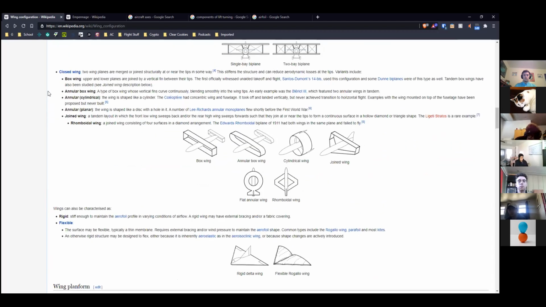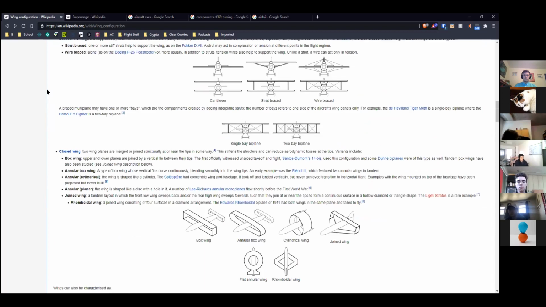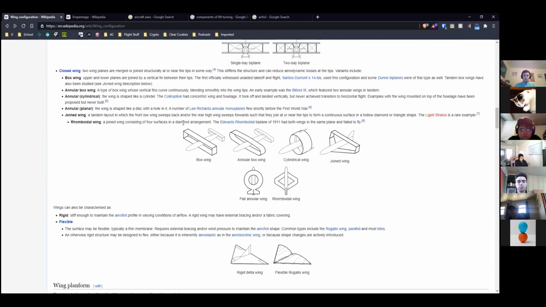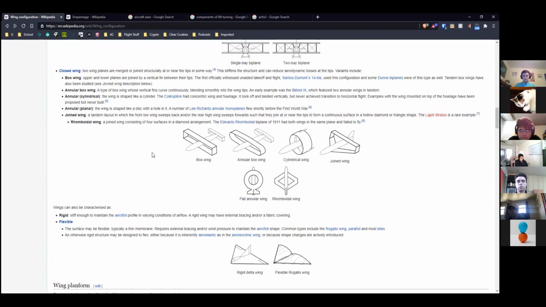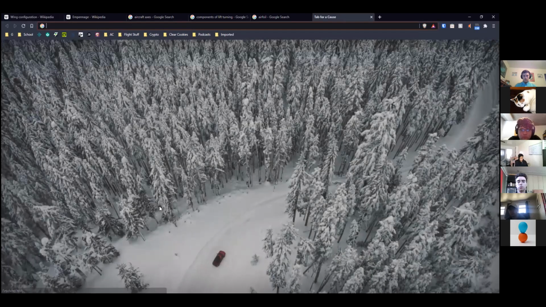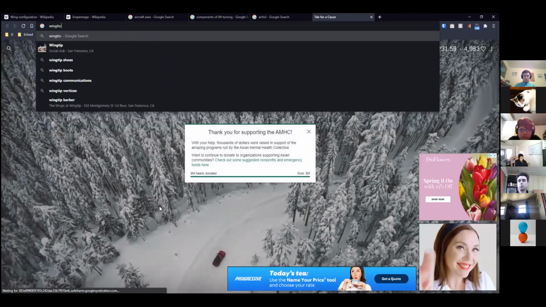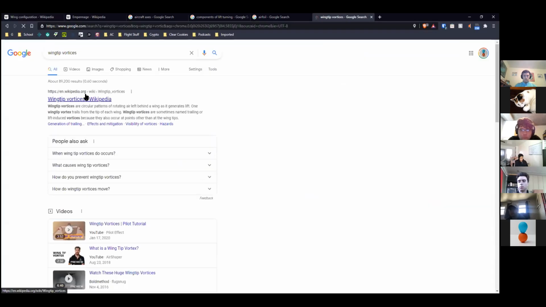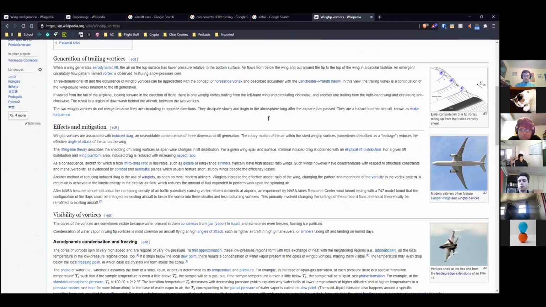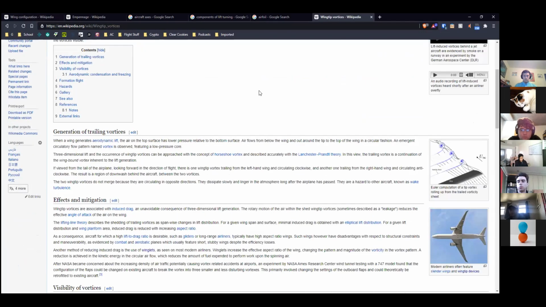So, closed wings, I feel like what are we on? I guess this is considered wing support, but this also has more performance implications than this stuff. So when a wing is generating lift, one of the major contributors to lift is the pressure differential from the bottom surface of the wing to the top.